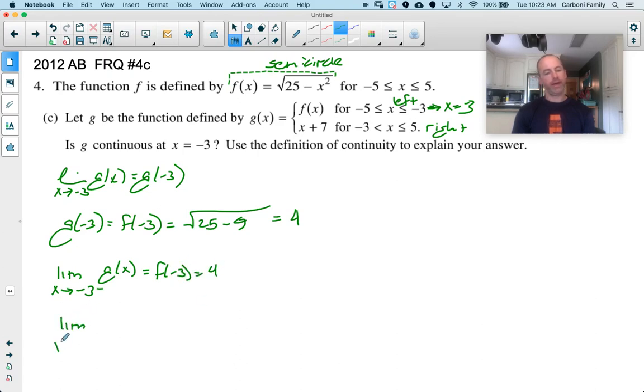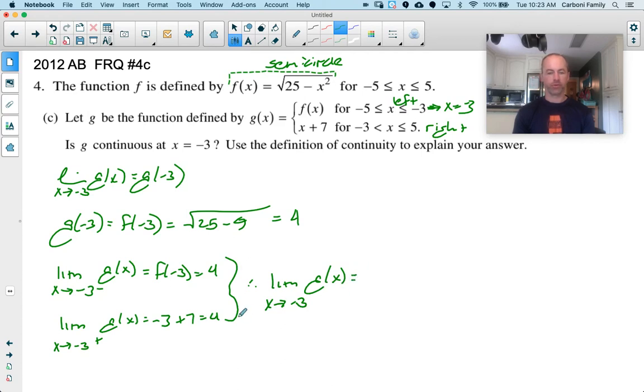The limit as x approaches negative 3 from the right of g of x is going to be x plus 7. And so that'll be negative 3 plus 7, which is also equal to 4. And because left and right sides are the same, I know that the limit as x approaches negative 3 of g of x is equal to 4.